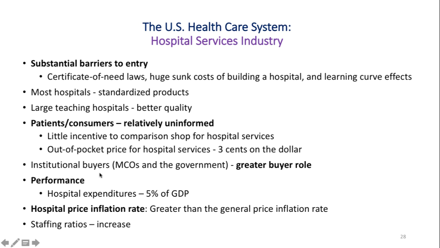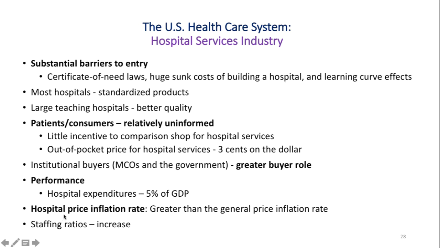The institutional buyers, MCOs and governments, have the greater buyer roles. With respect to performance, hospital expenditure accounts for 5% of the GDP, and the hospital price inflation rate is greater than the general price inflation rate.